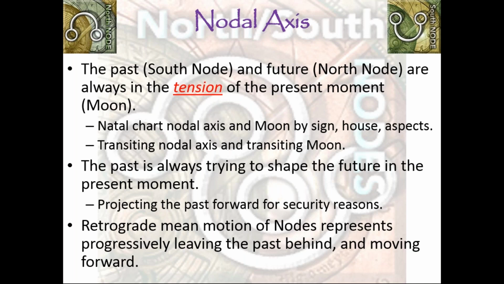I know the transiting South Node is in Aquarius and the North Node is in Leo, but I think the Moon's in Taurus, isn't it? I think the Moon's in Taurus getting ready to go into Gemini. I could be wrong, but if we have the Moon in Taurus square the transiting nodes, there will be an emotional stuckness.